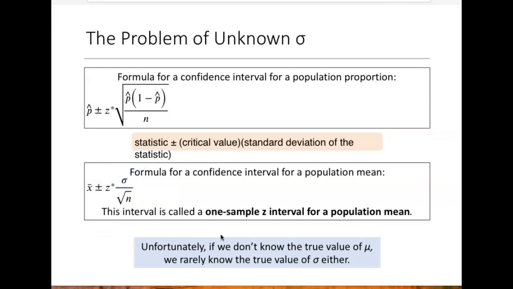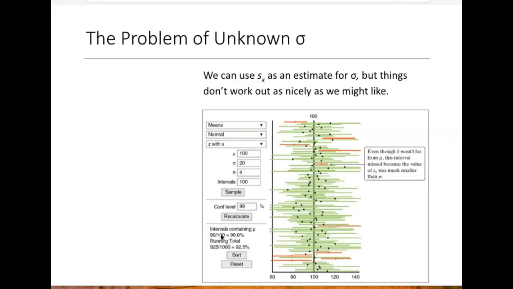So if we don't know mu, we rarely know sigma either. And we can use the sample standard deviation as an estimate for sigma, but things don't work out as nicely as we might like.